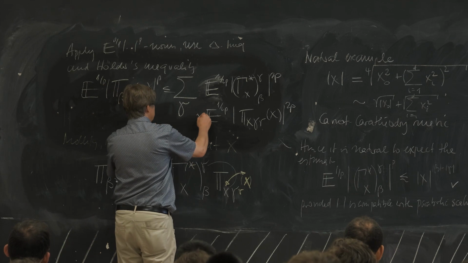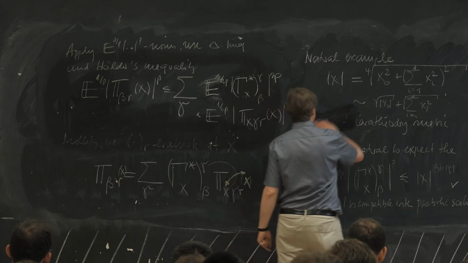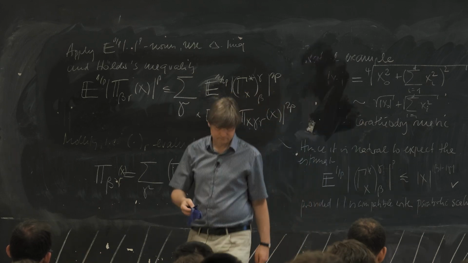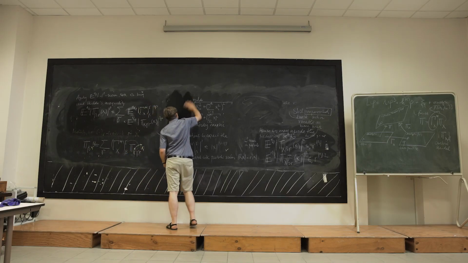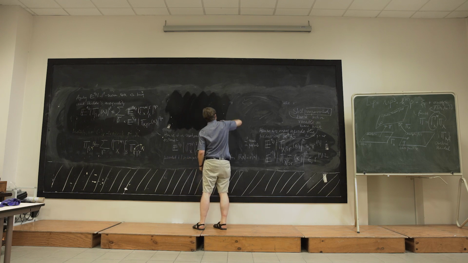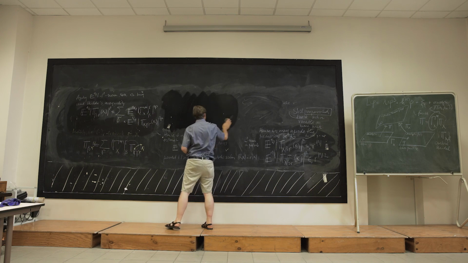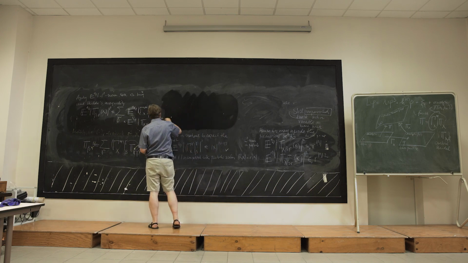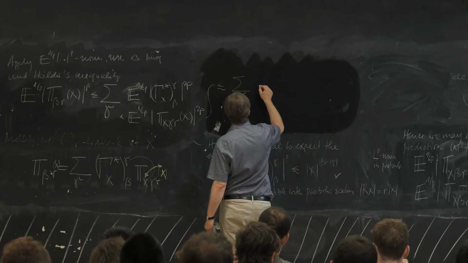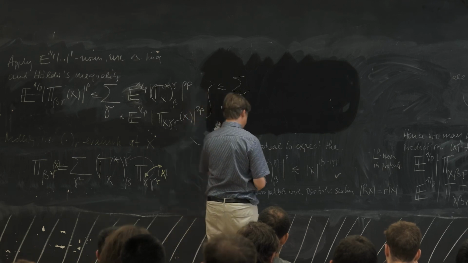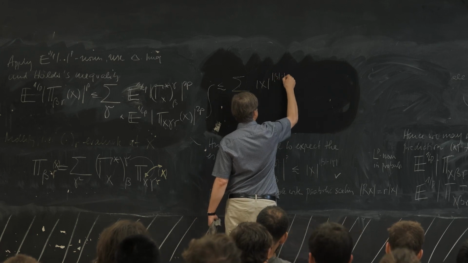And now we can insert the two estimates we already believe in. So now we get the sum over all gamma for which I estimate this, that's here. So I get x to the power beta minus gamma.